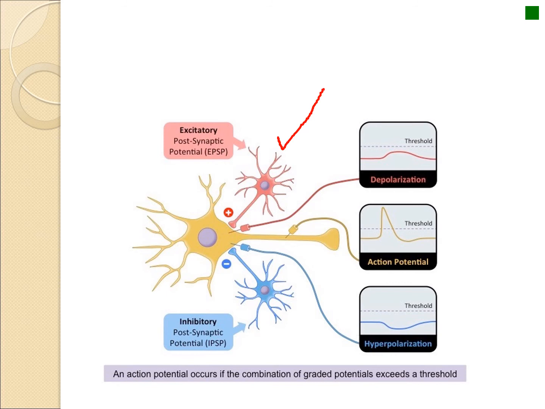So these two are trying to get this guy excited. But he, in a way, gets him excited in a way that it makes it harder to get an action potential. Whereas he's trying to make it produce an action potential. So if he fires without him, you get a definite action potential. If he fires at the same time as him, you get maybe no threshold at all, or it gets difficult to get a threshold.